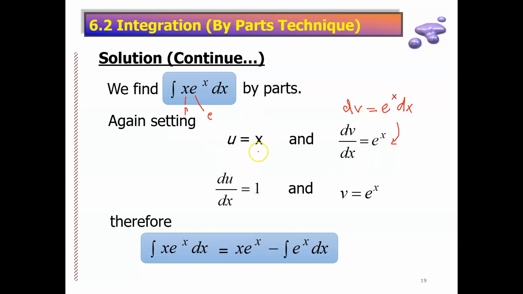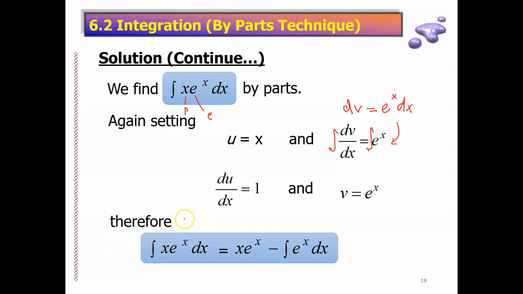So you differentiate du over dx, you get 1. You integrate this whole thing, both sides, you get this. Integrate dv over dx, you get v. Integrate e^x, you get e^x.